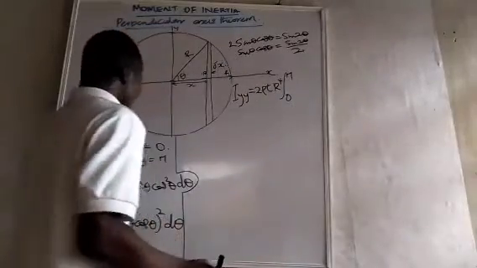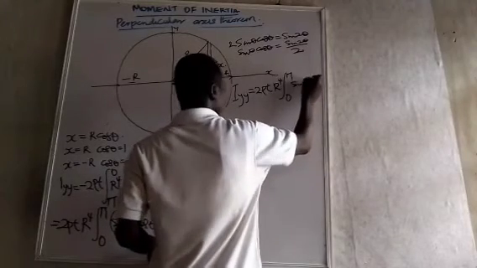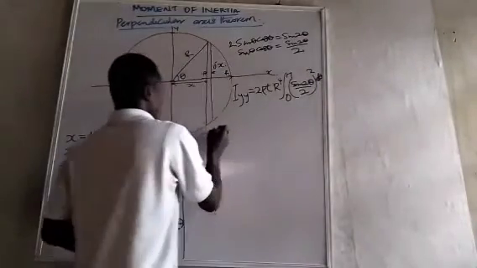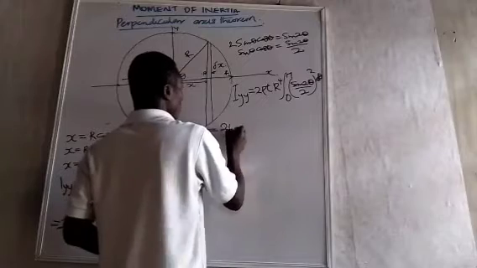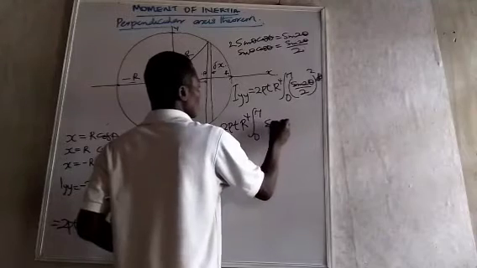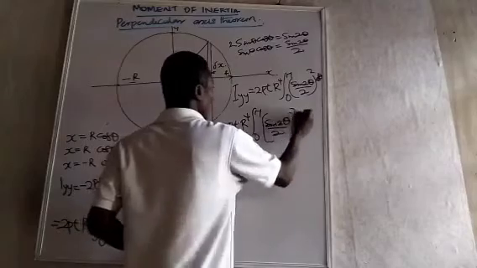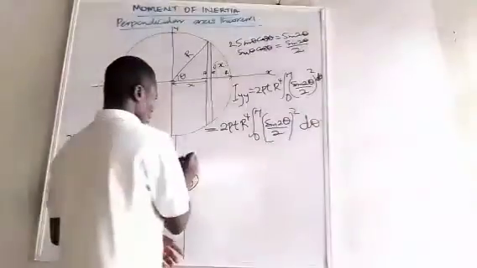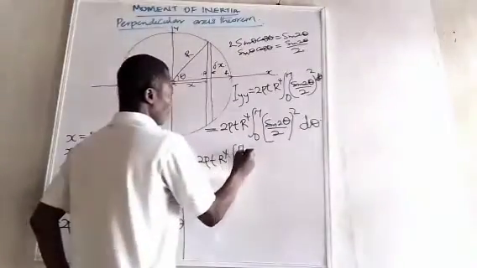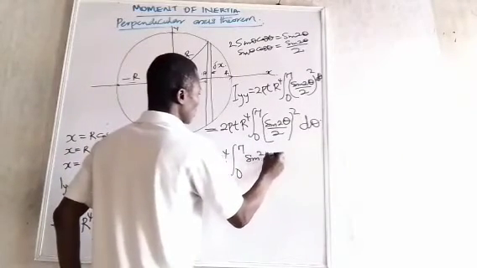So I'm going to have this as sine 2 theta over 2 all squared d theta. So 2 rho t r raised to the power 4, pi to 0, sine square 2 theta over 4.